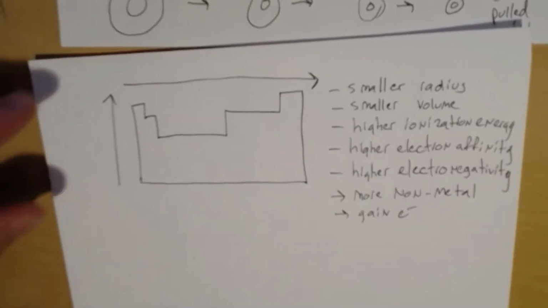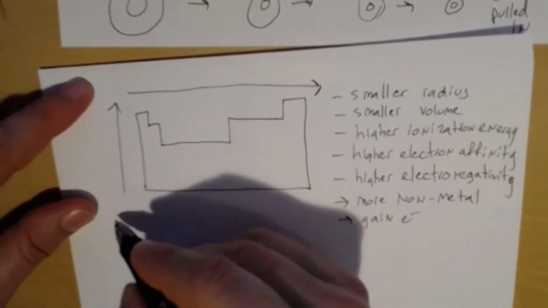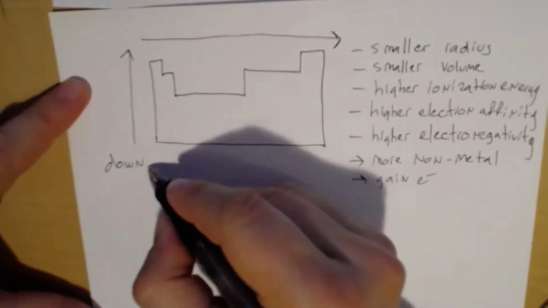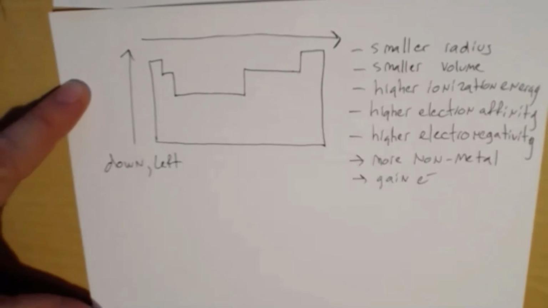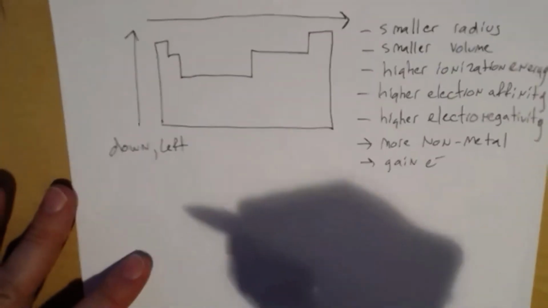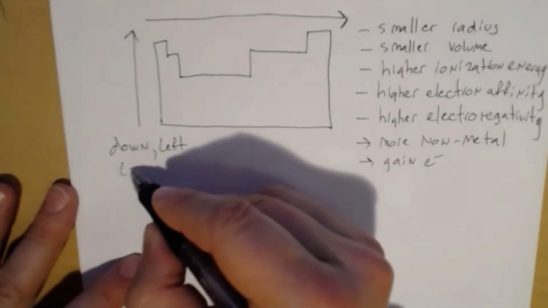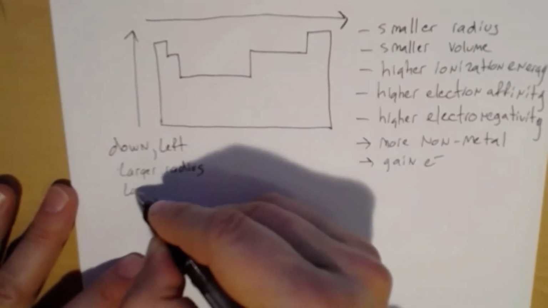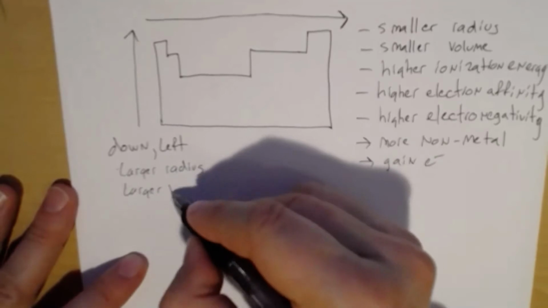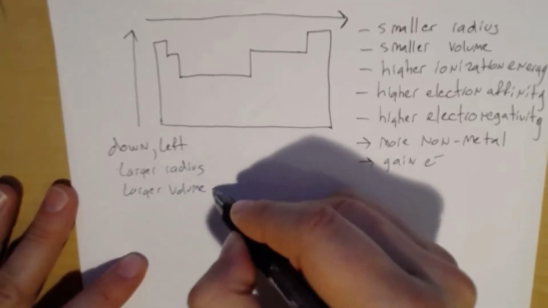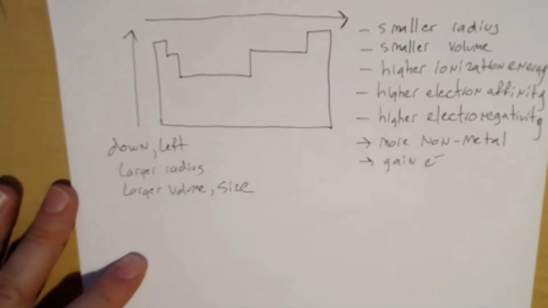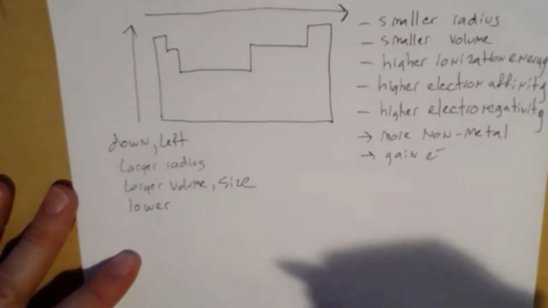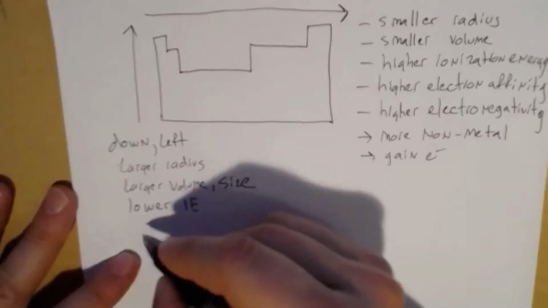As you go down and to the left, so if I go down, I'll write that actually. If I go down left, then I have the opposite. I'm going to have a larger radius, larger volume, comma size, a lower, I'm going to abbreviate it, ionization energy, which is IE.